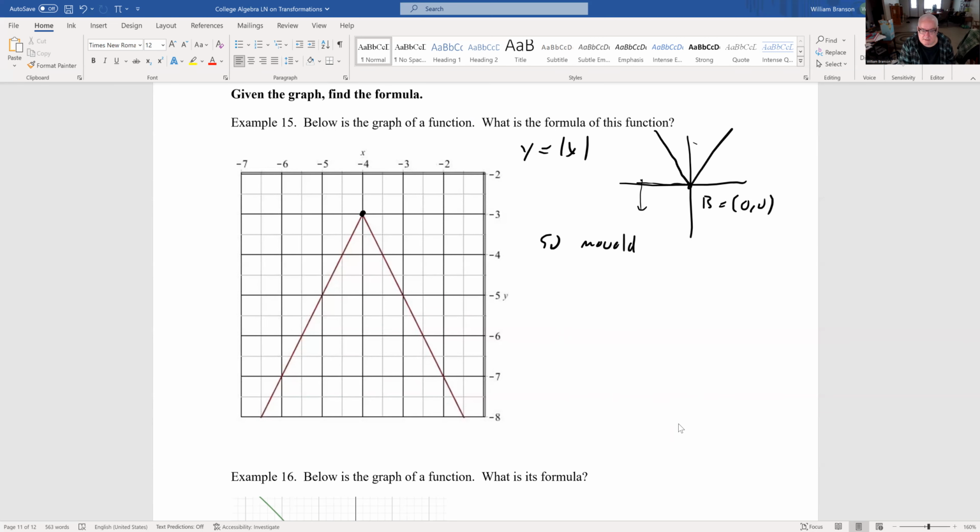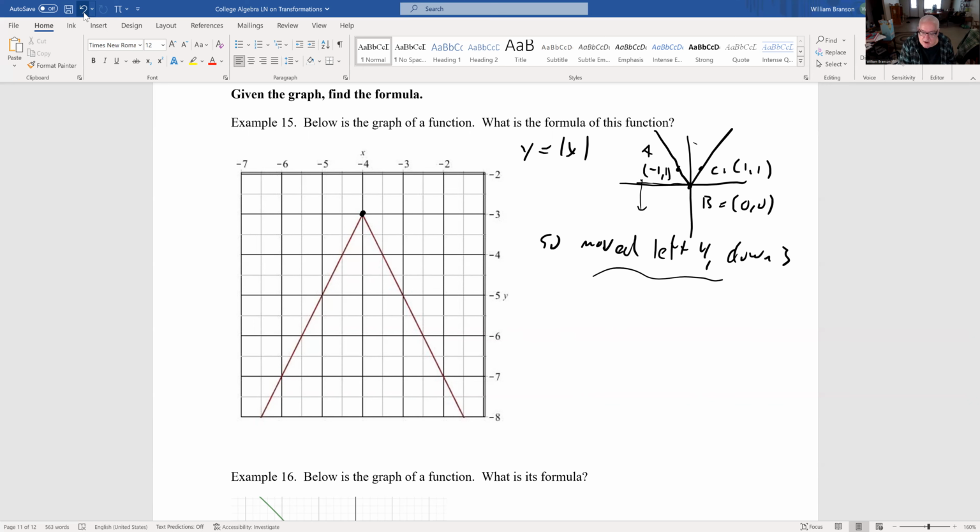Moved left 4, down 3. And so these 2 points are -1, 1. That's what I've been calling A. And this point is C, which is 1, 1.